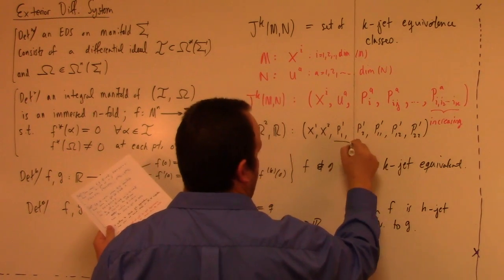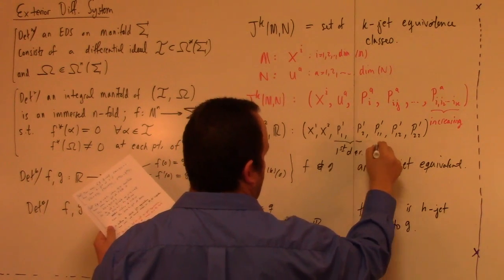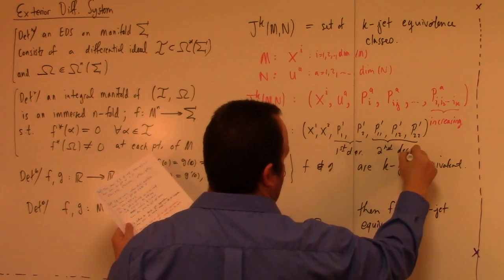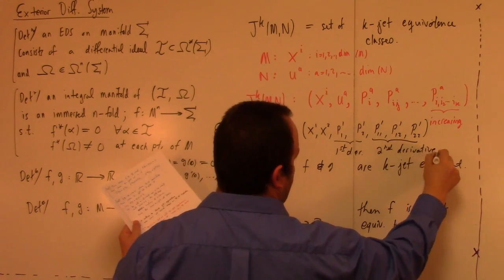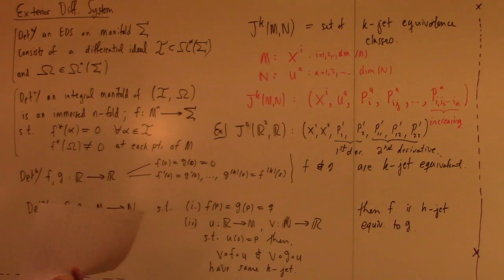So these are basically modeling first derivatives. These are going to be used to model second derivatives. We'll talk about the notion of lifting a mapping up to the jet space in terms of these jet coordinates. These extra jet coordinates are going to be built from the derivatives of the function on the base space.